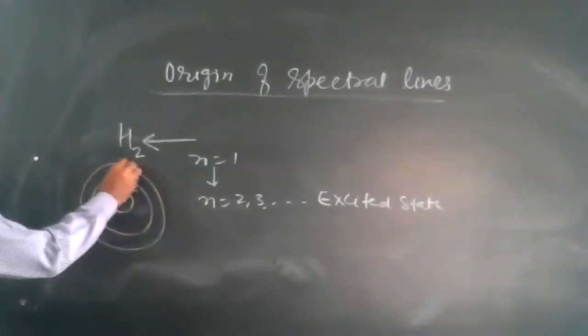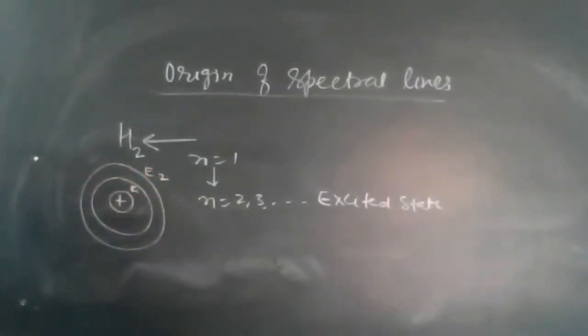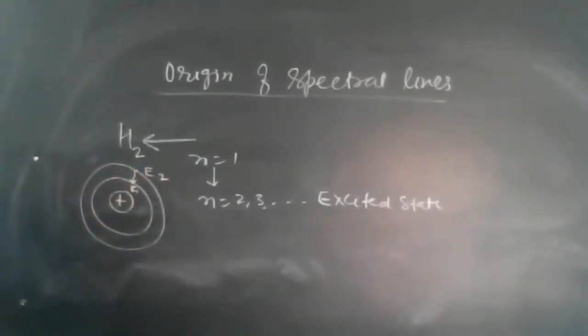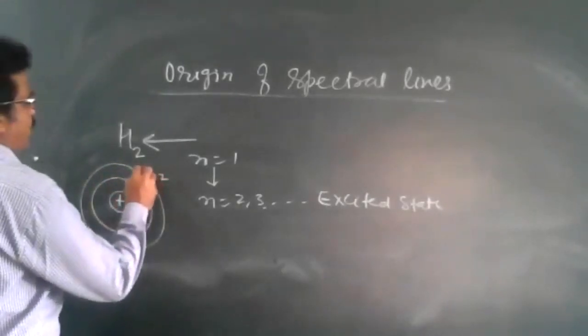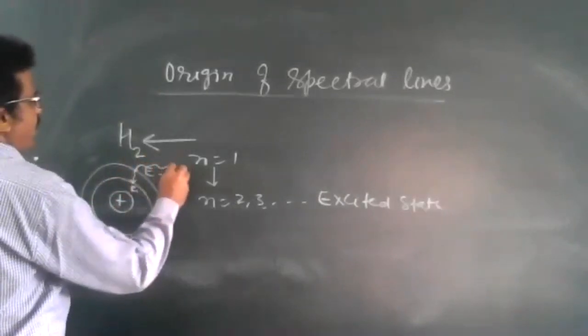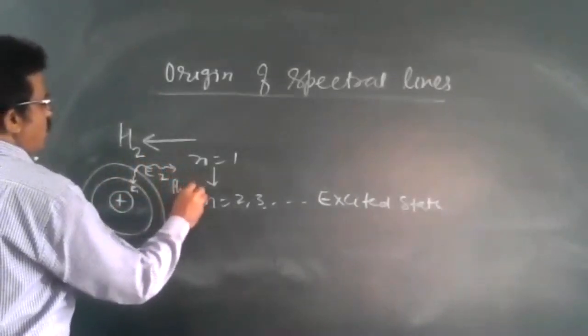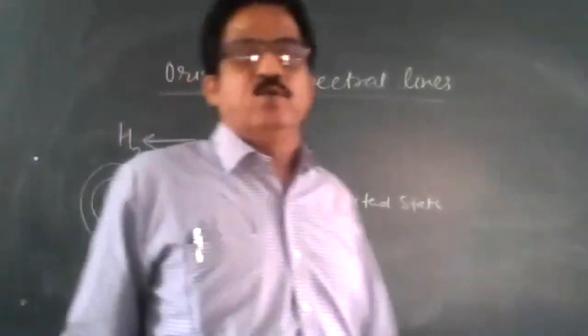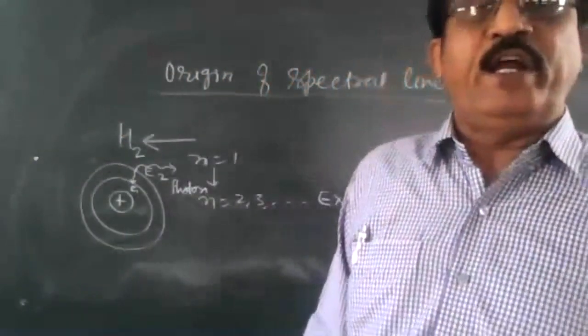Here is the state of energy E2. Suppose the electron comes from E2 to E1. It emits a photon of energy h nu.